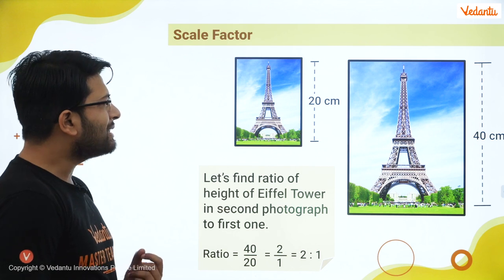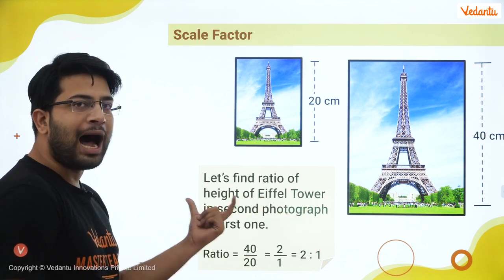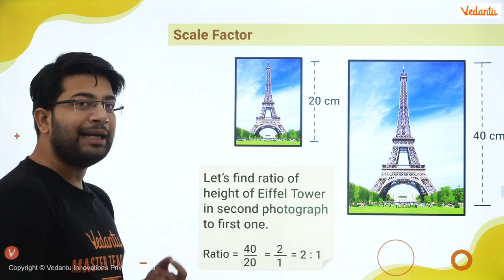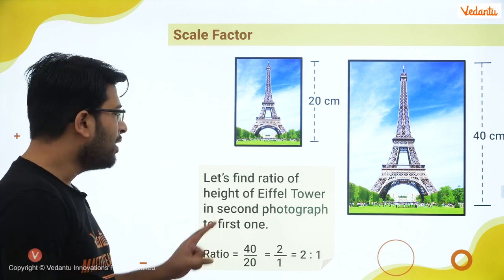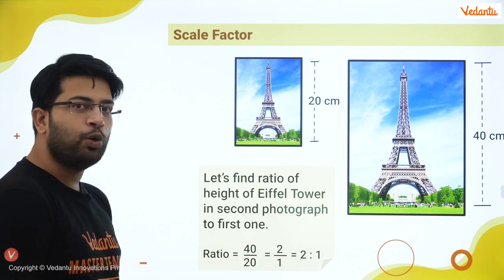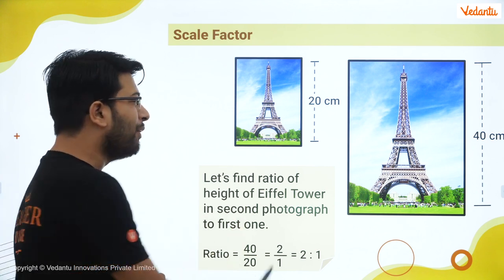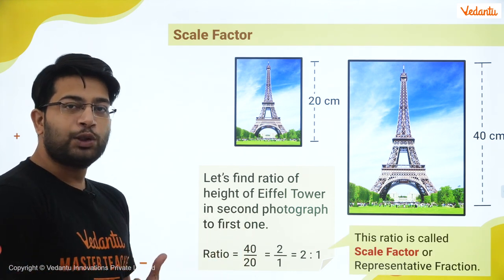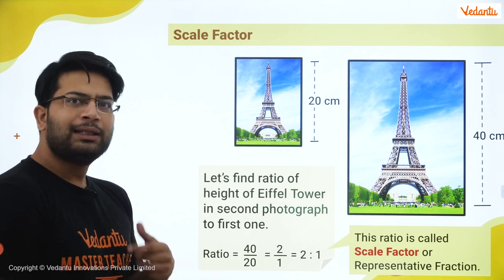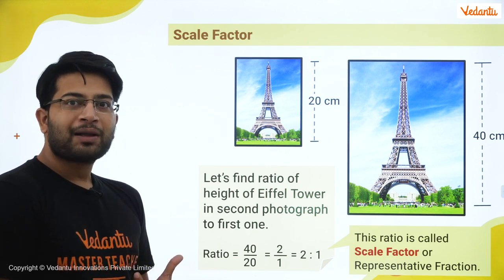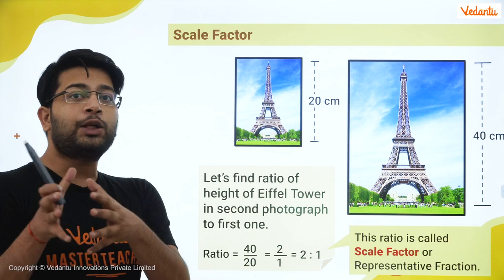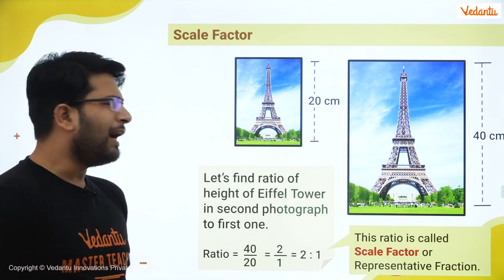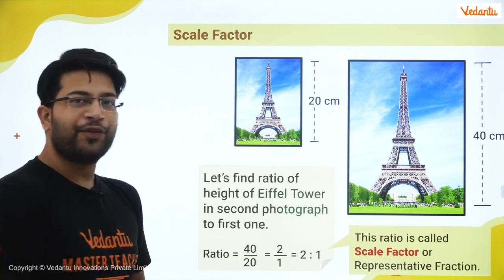We can see the ratio of the height of the Eiffel Tower in the two figures: 40 upon 20, that means 2/1. And this 2/1, champ, is nothing but the scale factor. This scale factor tells us the comparison between two objects, the comparison of their size, also known as the representative fraction.